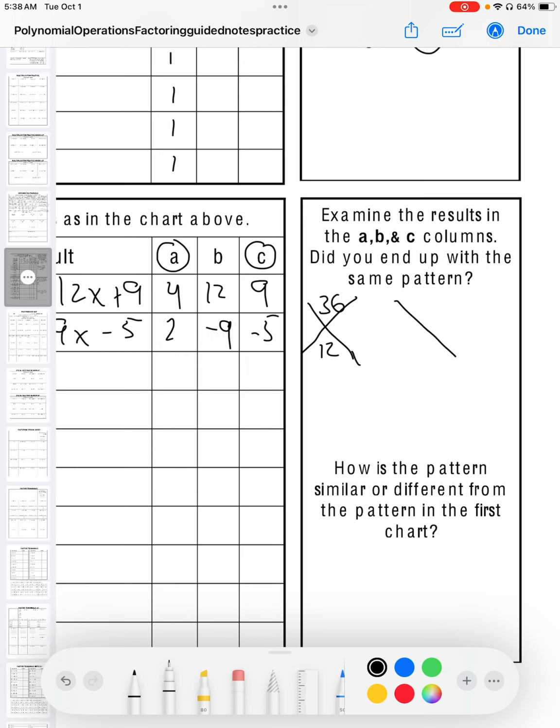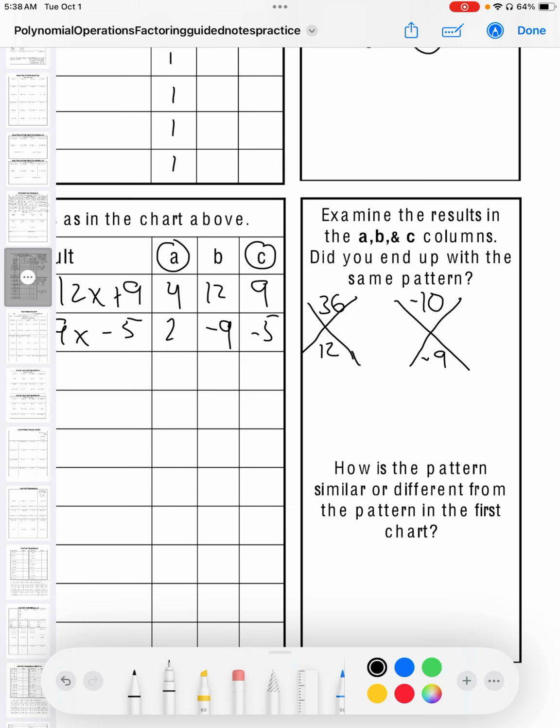Similarly, for the next one, 2 times negative 5 is negative 10. And negative 9 would go on the bottom, because 2 times negative 5 is a times c, and negative 9 is b.